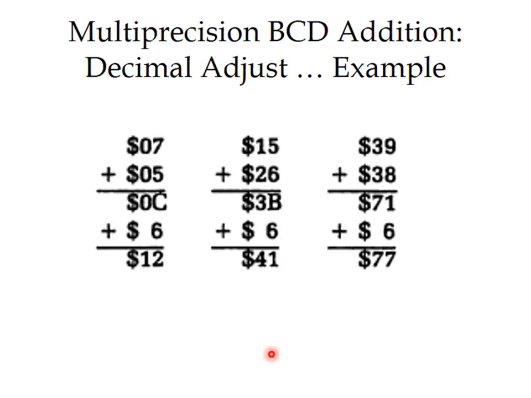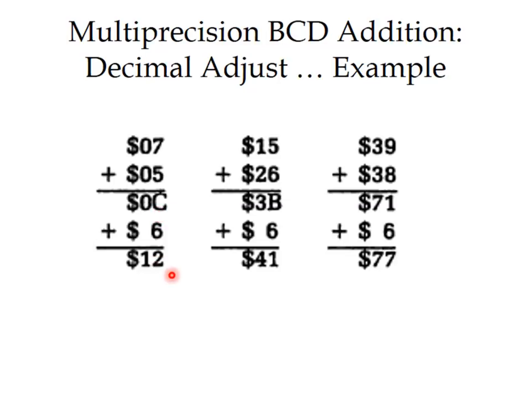For an example, remember in the last slide we showed you that we are adding 7 and 5 as decimal numbers and your answer should be 12, but you are getting 0C because your microprocessor is treating the numbers as hex. But surprisingly, if you just add 6 in any column like this, for an example, C is not the right digit you should get, right? If you're treating the numbers as decimal, just add 6, and it actually fixes the sum.